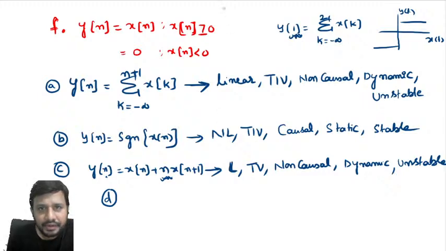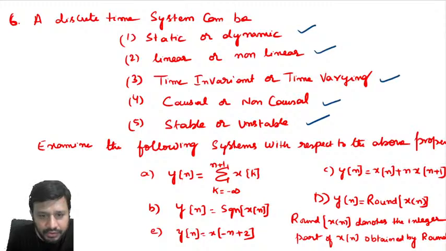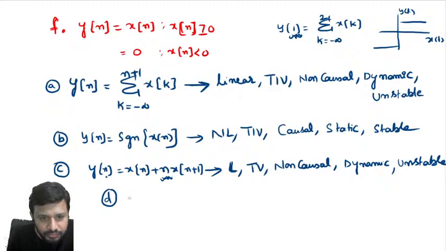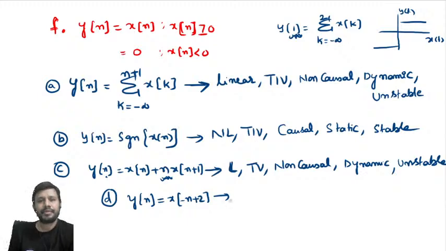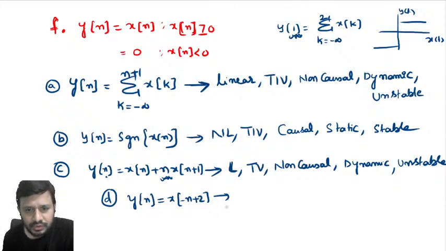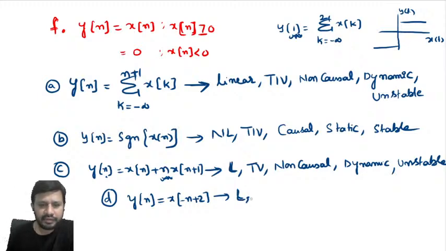Okay, now D. y of n is equal to x of minus n plus 2. This will be linear. If you apply the procedure, linear. By looking at it only you can say linear.